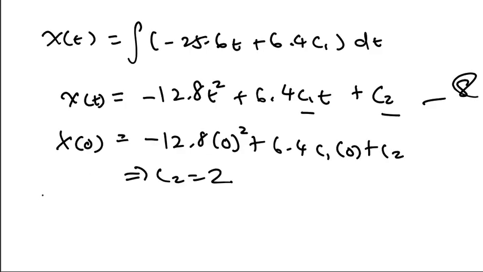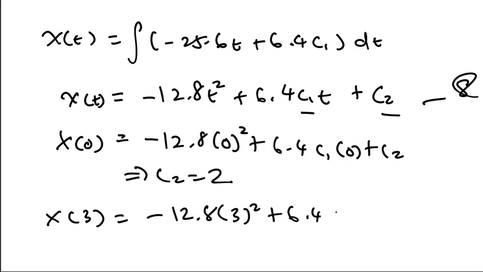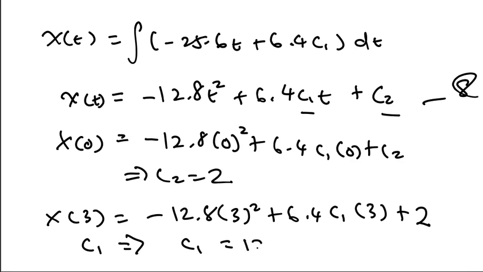Now what about the upper boundary? x when time is 3: minus 12.8 times 3 square plus 6.4 C1 times 3 plus C2. C2 we already found, which is 2, so substitute it back here in order to get C1. If you do the arithmetic, C1 is basically equivalent to 12. That's how we find it.